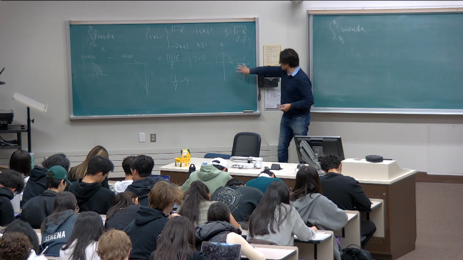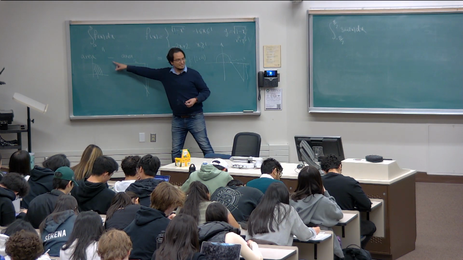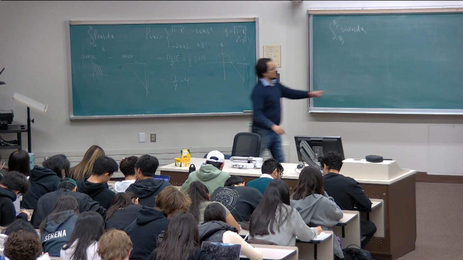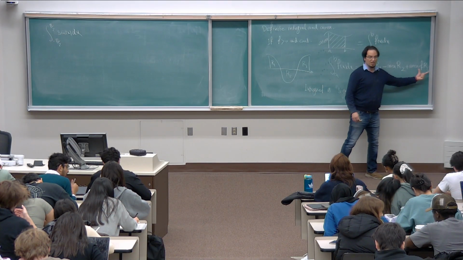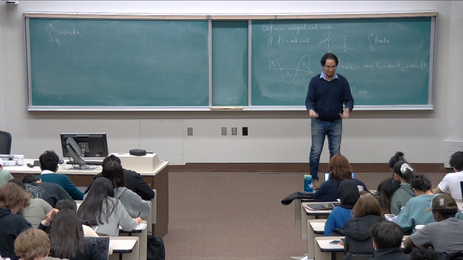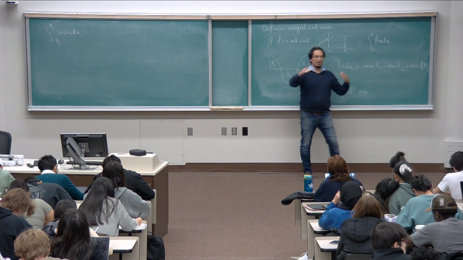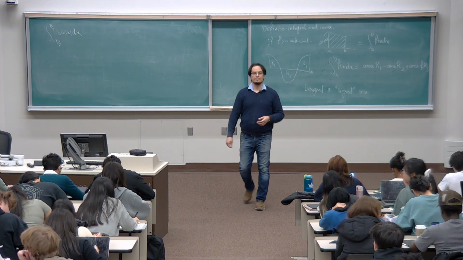But this is under the x-axis, so I have to subtract that. This is exactly what is written here. The positive regions will add to the integral value by their area. Then the ones that are under the x-axis, they will subtract, yes?